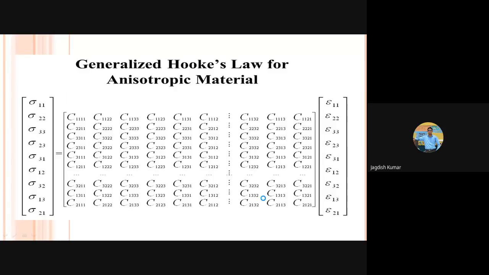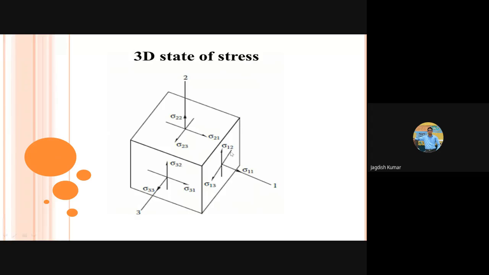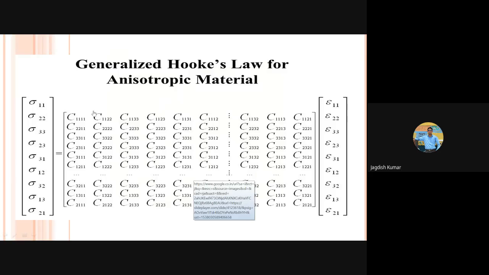Just as with the stress components, we will have strain components as well: epsilon 1, 1, epsilon 1, 2, epsilon 1, 3, and so on. Yes, somebody is trying to say something or ask a question. Yes, please. Is there any question?